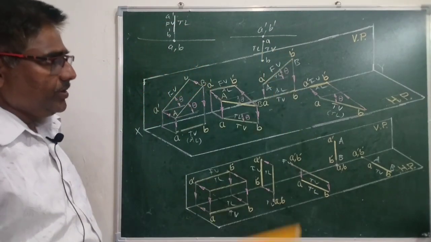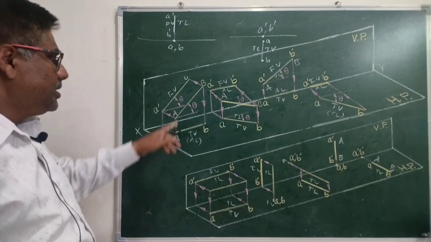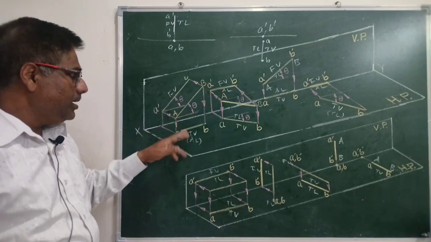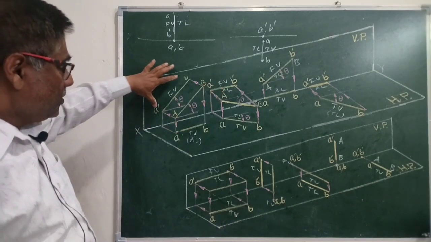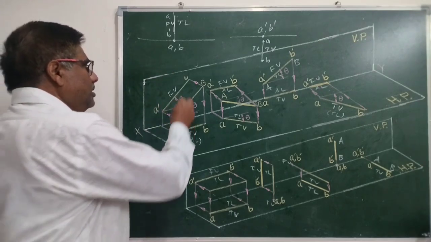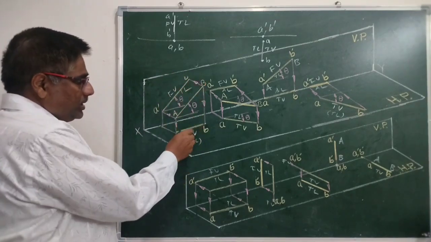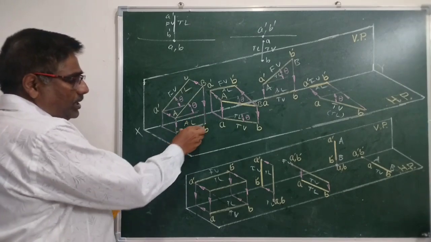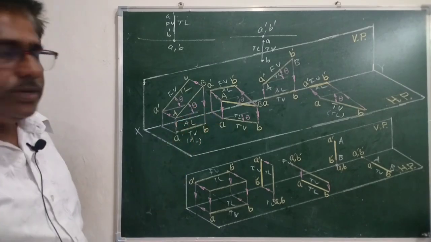Once again, let us revise all cases. If the line is parallel to VP inclined to HP, we will get its true length in front view with inclination. Okay, and we will get its apparent length in top view, and that apparent length will be parallel to XY.